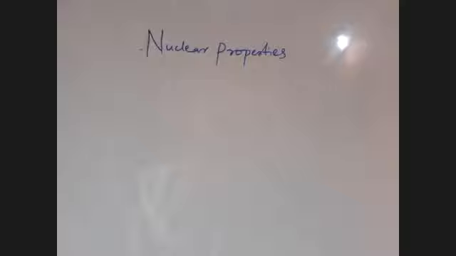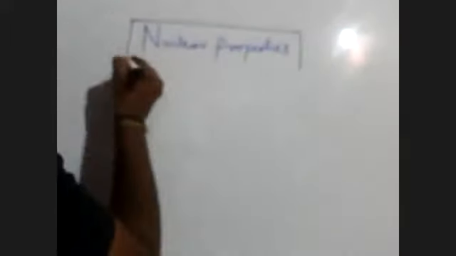Today's topic is nuclear properties. In the previous class, we discussed some categorization of nuclei: isotopes, isobars, isotones, isomers, and isodiapheres.